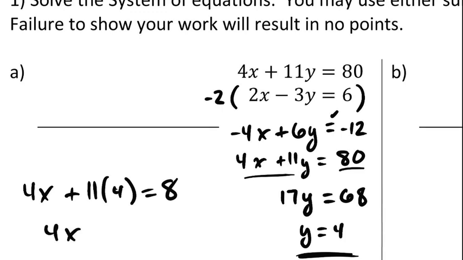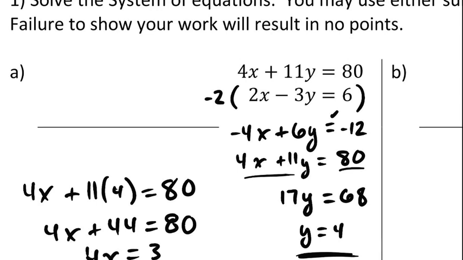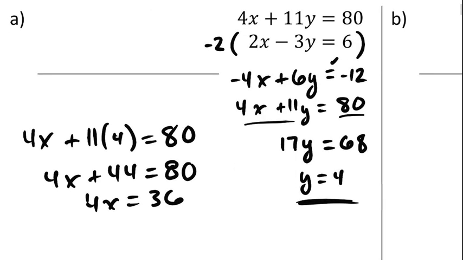So 4x plus 44 equals 80. 80 minus 44 is 36. So 4x equals 36, and x is 9.